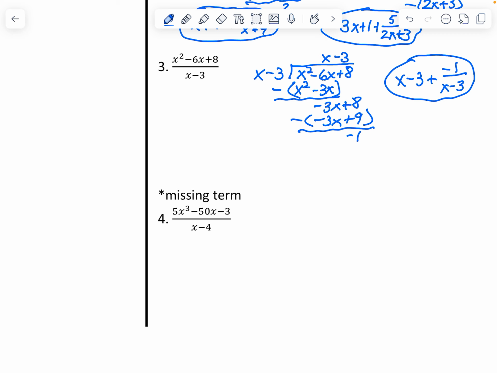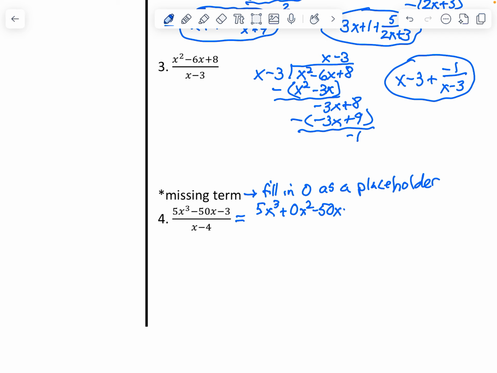So if we think of this as an x squared missing, what you want to do is fill in 0 as a placeholder when you're missing a term. So on this one, I'm going to think of it as 5x cubed plus 0x squared. So it's holding that place for the x squareds. That's to make sure everything lines up properly.